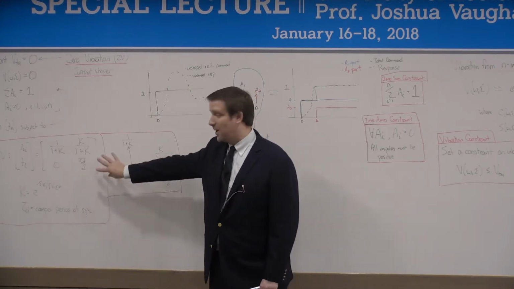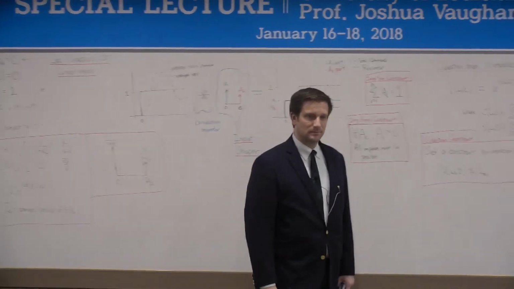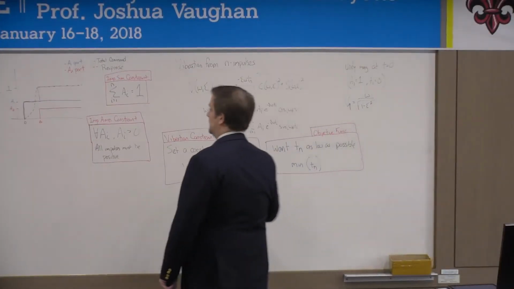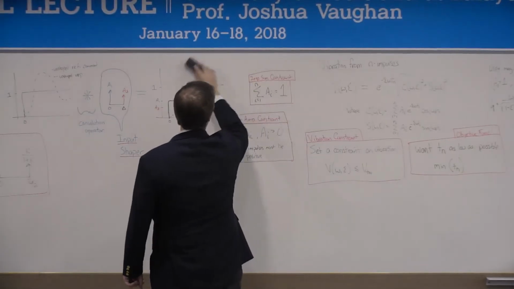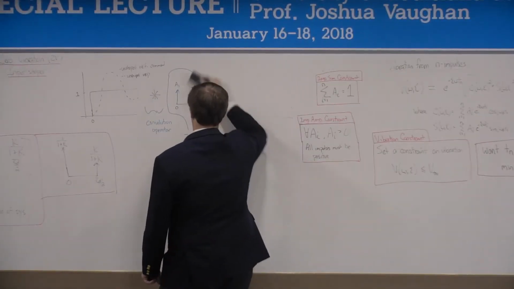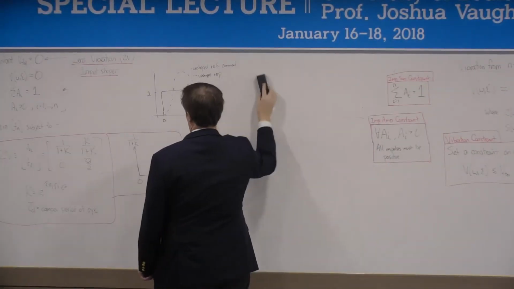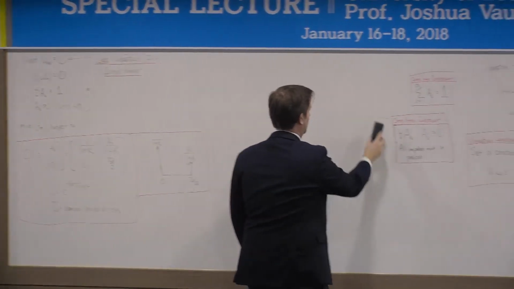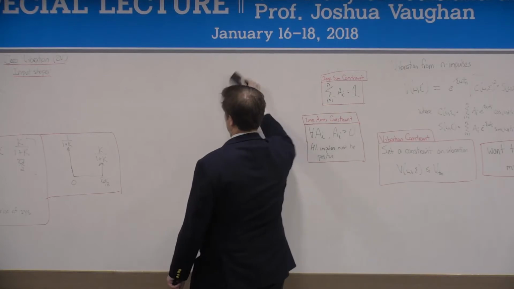How does that affect how this performs? Let's look at that. So let's take a look. We'll leave our solution up, the ZV shaper, and we'll squeeze in the middle here.